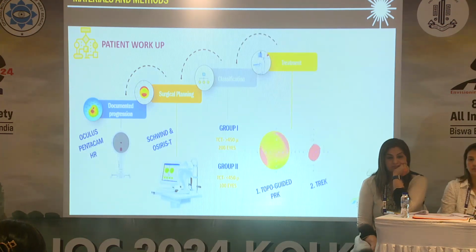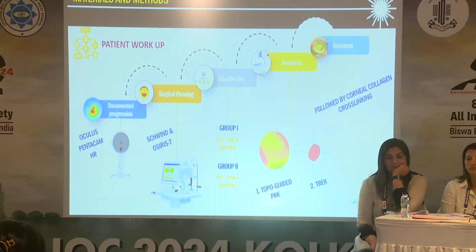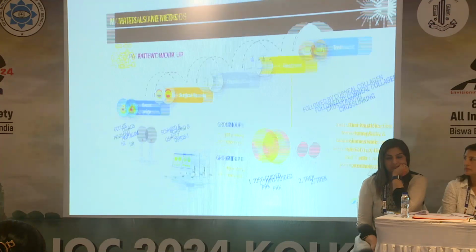They underwent a topo-guided PRK or a TREC depending on what the thickness was and what the ablation was after planning. I will be discussing that subsequently. This was followed by an accelerated corneal cross-linking, and their visual function, tomography, and biomechanics were seen at 1 month, 3 months, 6 months, 1 year, and at 5 years post-operatively.